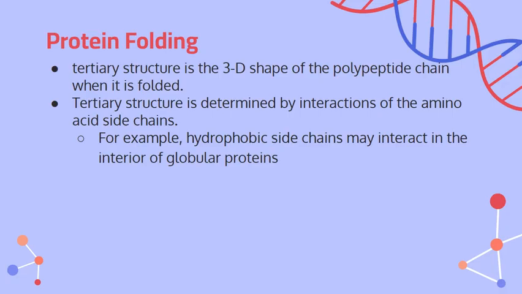So if it's hydrophobic, it's going to want to stay away from water, so it's going to go towards the center of the protein, while hydrophilic is going to go to the outside. So these are the larger interactions. At the tertiary stage, proteins become functional. And some proteins can just be at the tertiary stage, while others move on to the quaternary folding structure.